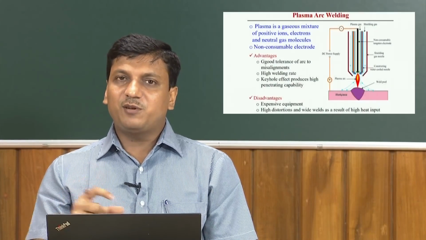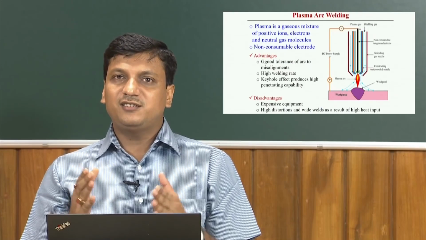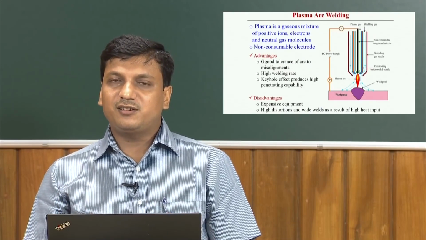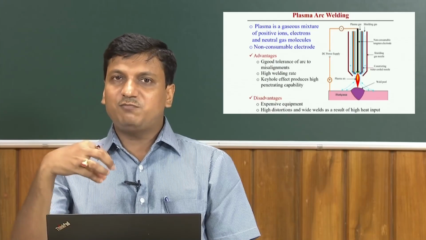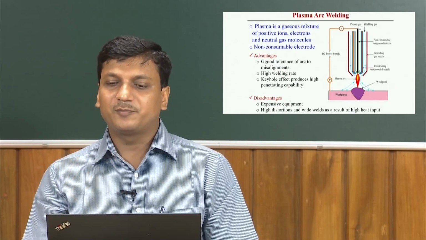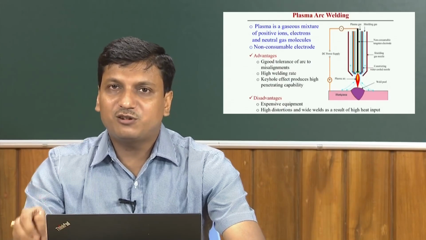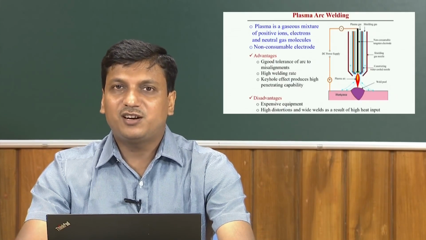But in this case, apart from the electrode tip, the plasma gas is the main gas that actually creates the arc with the workpiece. So, the plasma gas can be constricted in a very small zone. That is why a very constricted arc can be created using the plasma arc welding process.